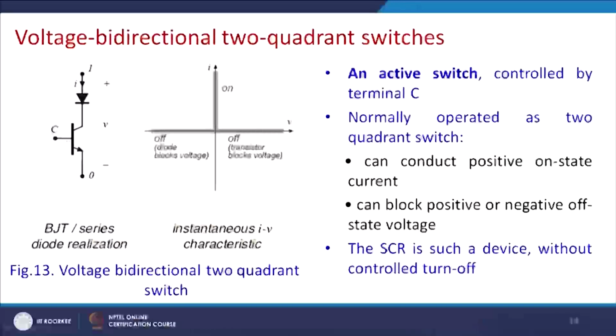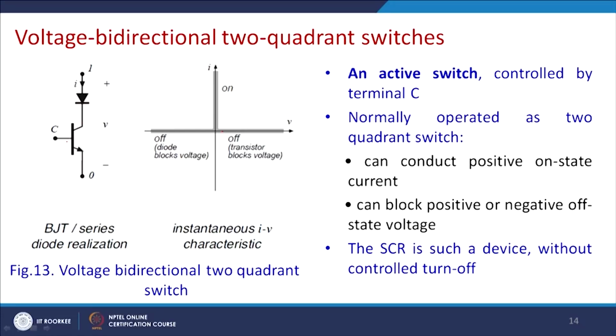So, what is the takeaway from these switches? In the active region, the terminal C will control the flow of the current, and it normally operates in the two quadrant and can conduct positive on state current, and can block positive or negative off state voltage.